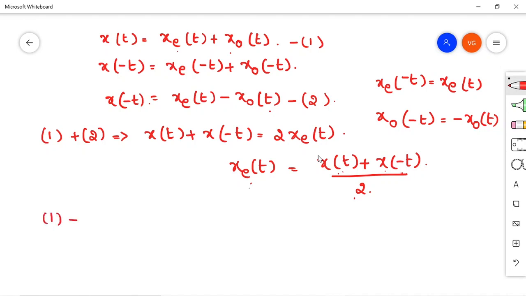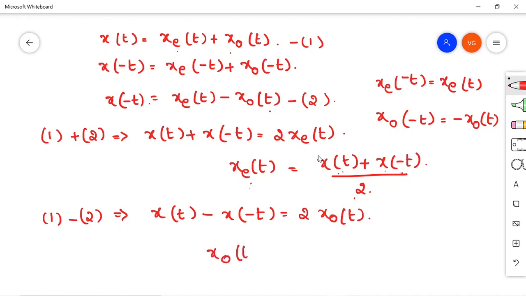Similarly, you subtract both the signals. On the left hand side I'll get x of t minus x of minus t, and on the right hand side I'll get 2xo of t. So xo of t is nothing but x of t minus x of minus t divided by 2.